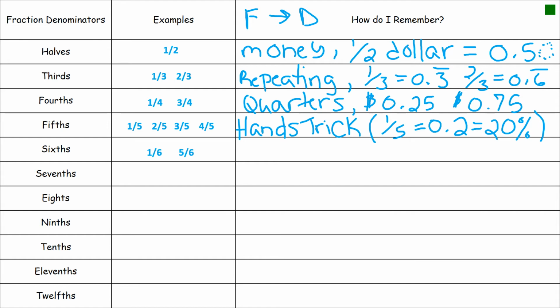So these are the only 2 that cannot be simplified to something else. Sixths, unfortunately, are going to involve long division, but there's only 2 of them, so they might be a little bit easier to memorize, and they also are going to be repeating decimals when you divide.